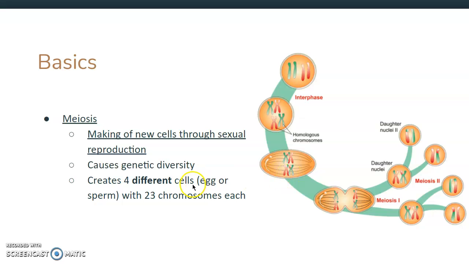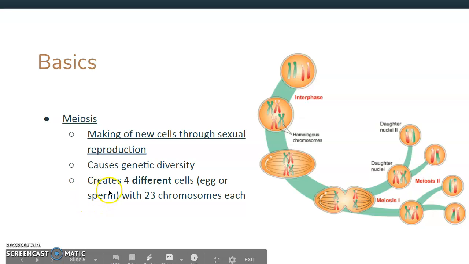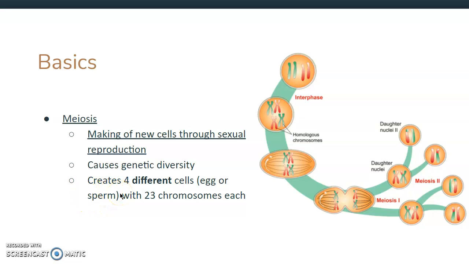So if we have a female, whether mammal or even different plants, lots of different eukaryotic cells do meiosis. The female part creates an egg, and the male part creates a sperm. So we get 4 different eggs out of our original cell that goes through this type of division, and they each end up with 23 chromosomes each.